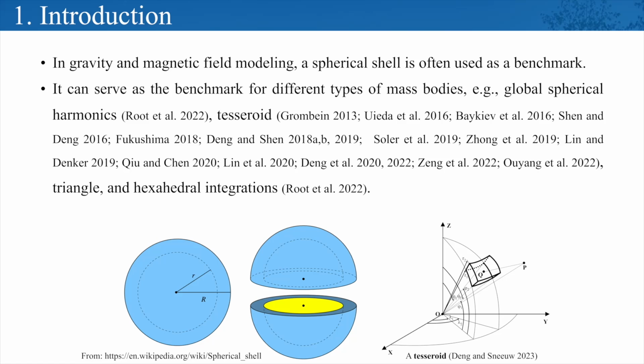For example, the tesseroid, triangular, and hexahedral integrations. The reason is that gravitational or magnetic effects of a spherical shell have analytical solutions no matter where the computation points are.